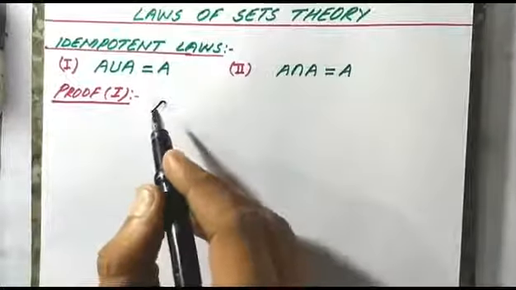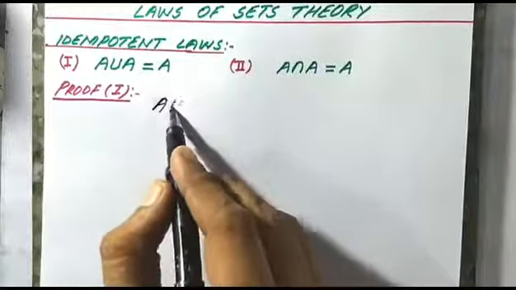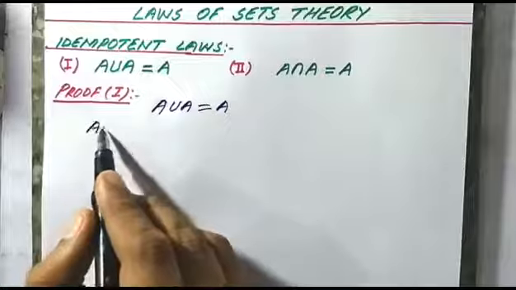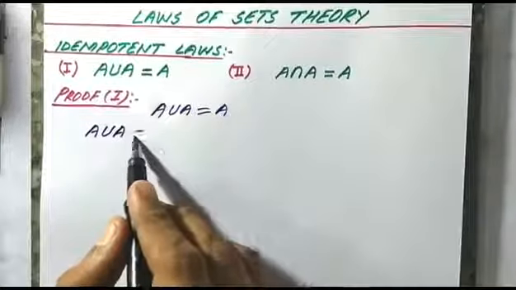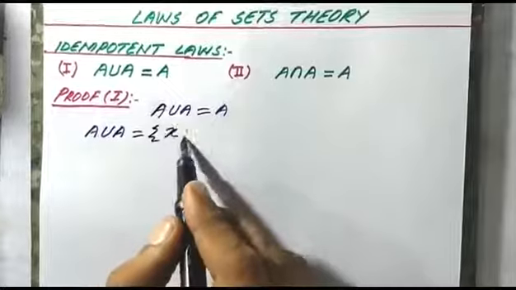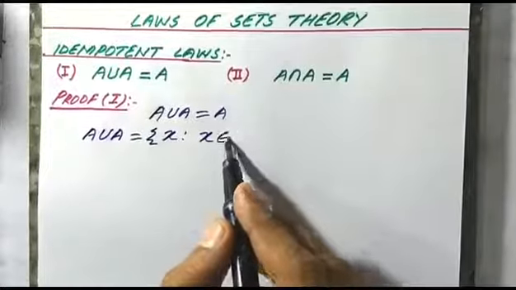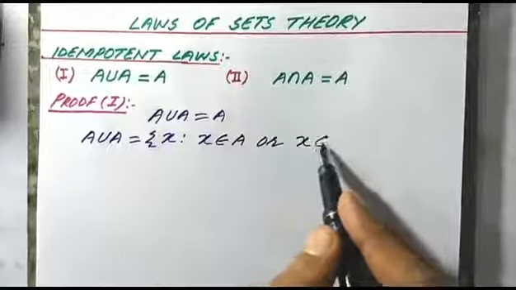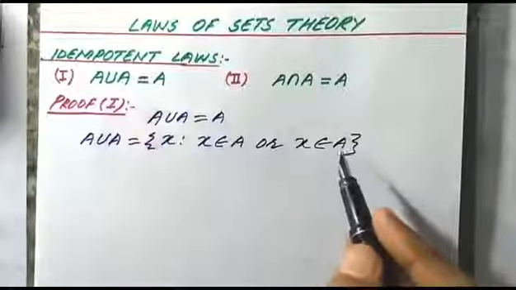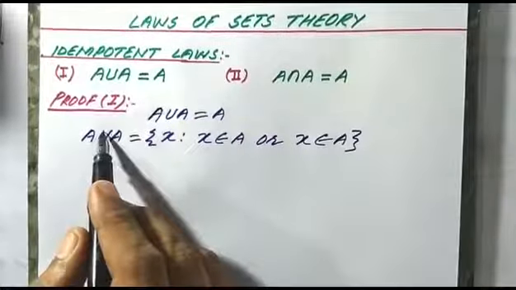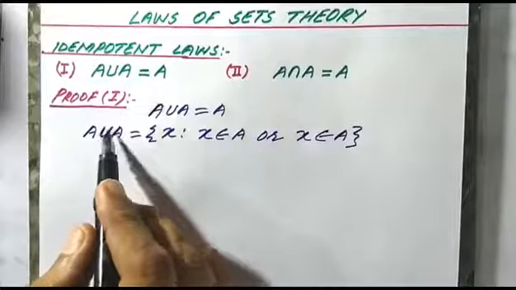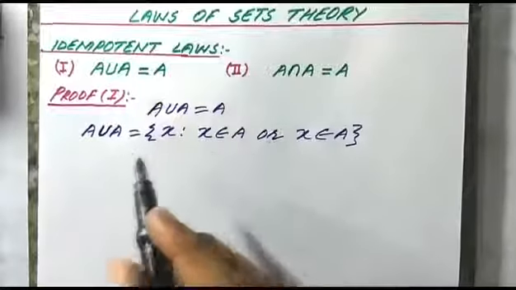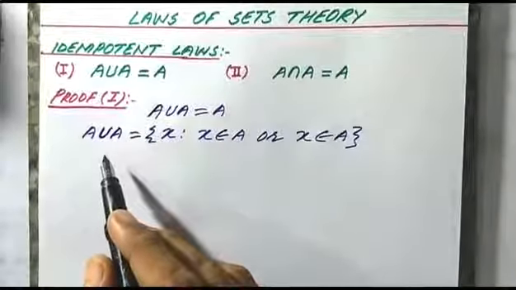Now we are going to prove the first law, that is A union A is equal to A. So by definition, A union A is a set of X such that X belongs to A or X belongs to A. Basically, wherever you see union of sets, we use the word or, and for intersection we use the word and.